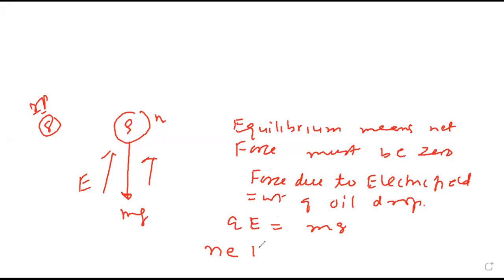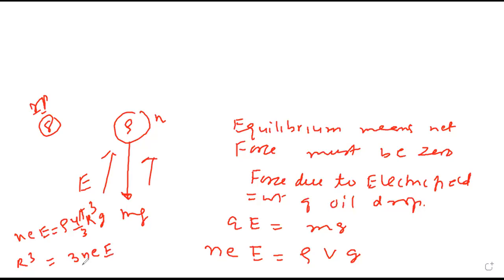Ne means charge due to n electrons, density into volume is mass. So Ne E is density into volume 4 by 3 pi r cube for sphere into g. Therefore r cube will be 3 times NeE upon rho 4 pi g.